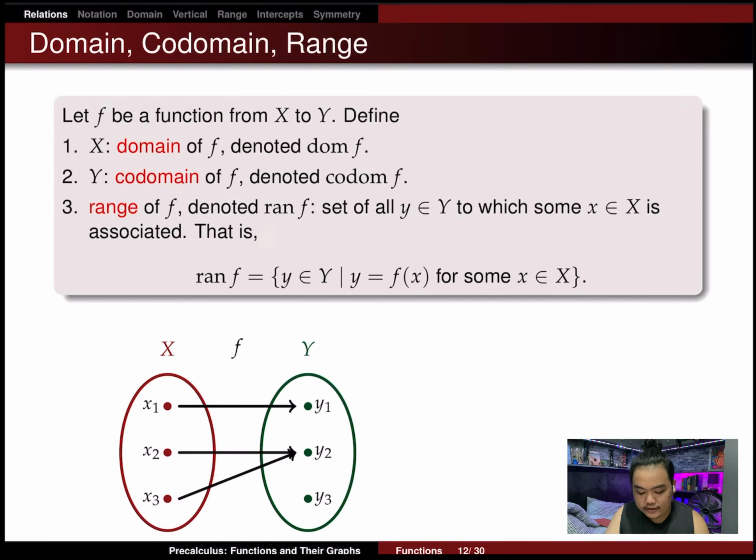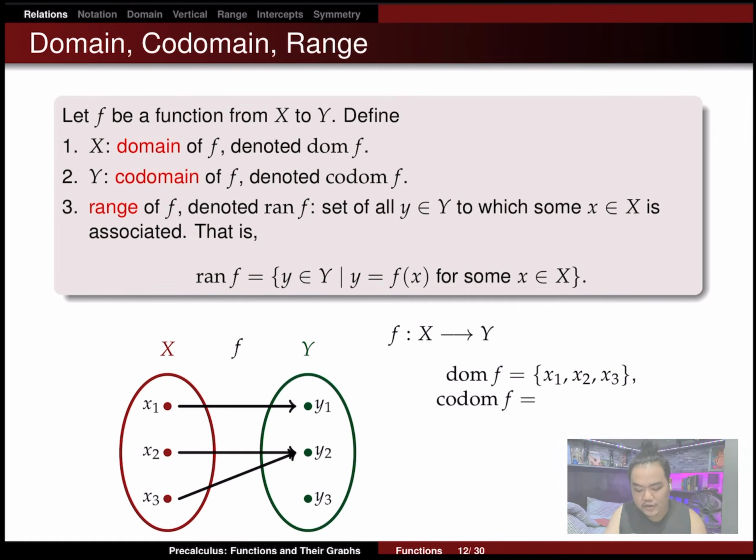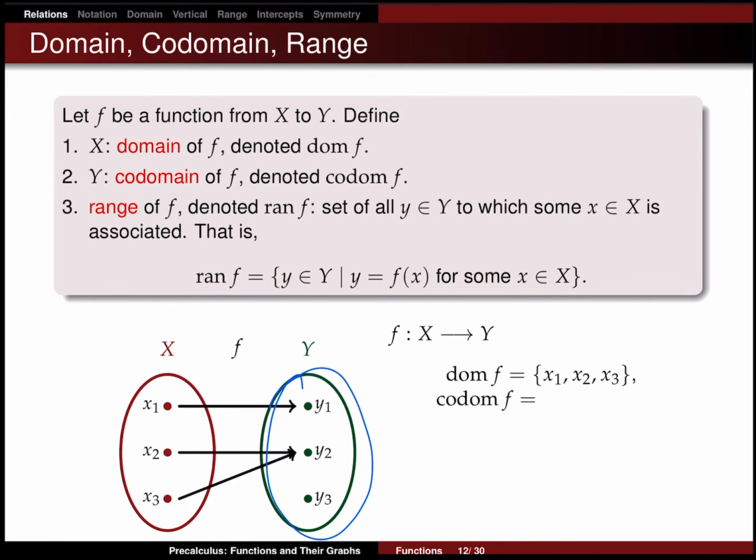So let us consider this example lang para mas magets natin. The domain, of course, is this one. The range, or codomain muna, mas madali yung codomain. The codomain is your y. What is the range? The range are these two, or the set containing these 2 points. Lahat ng y na nagamit lang.